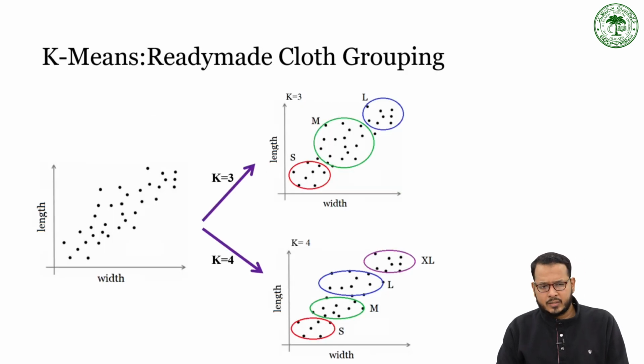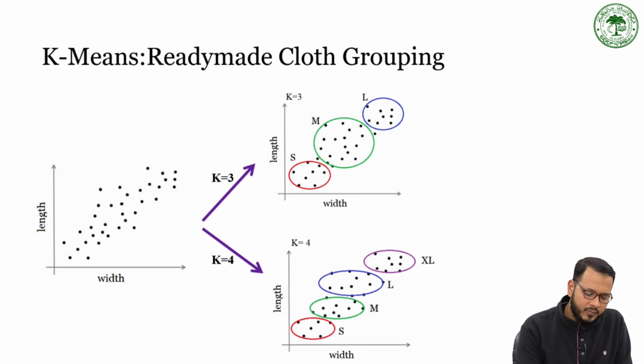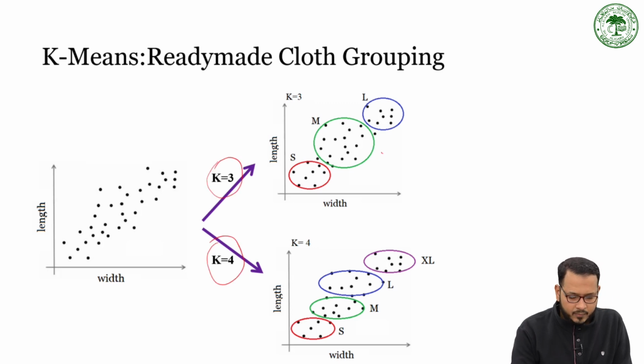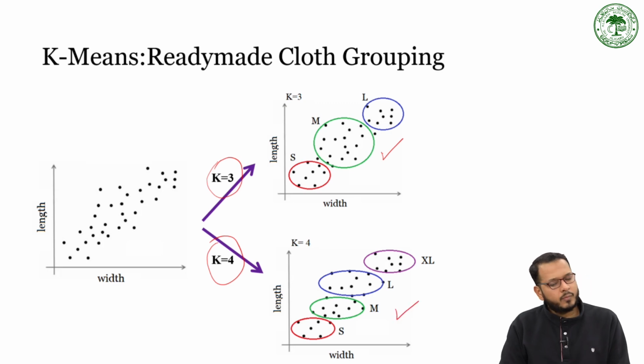We also discussed this example in the last lecture, where we implemented K-means clustering on a ready-made cloth grouping dataset. If you remember, depending upon the value of K, we can have either 3 clusters or 4 clusters. It is important to mention that in the K-means clustering algorithm, K plays an important role and its value might affect the performance measures related to clustering.